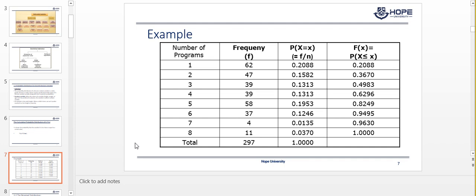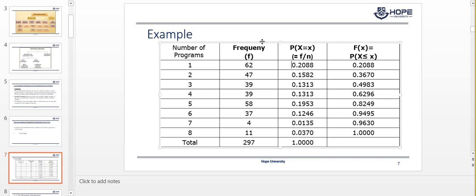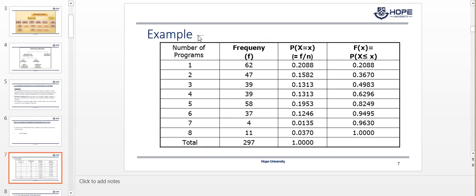In F(x), we make a cumulative frequency, adding up as we go down. This number we get by dividing: for example, 62 in the frequency column divided by 297. Calculate it, and you should receive 0.2088.